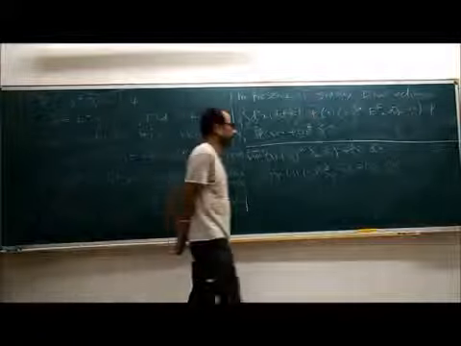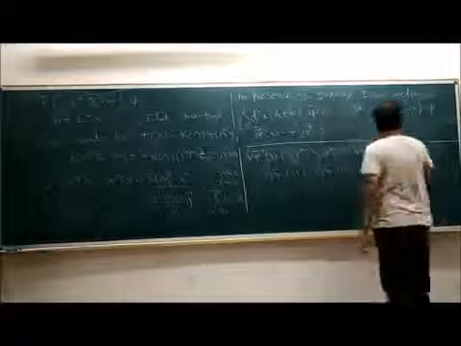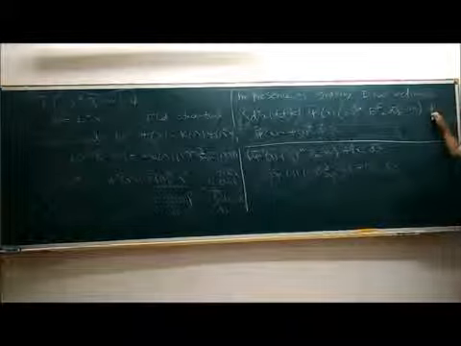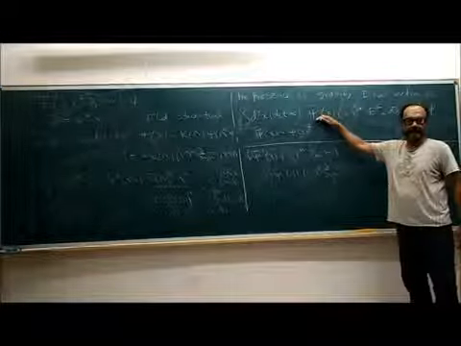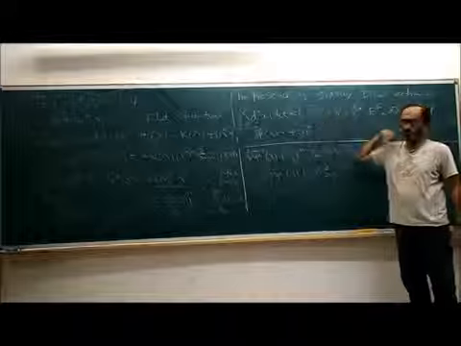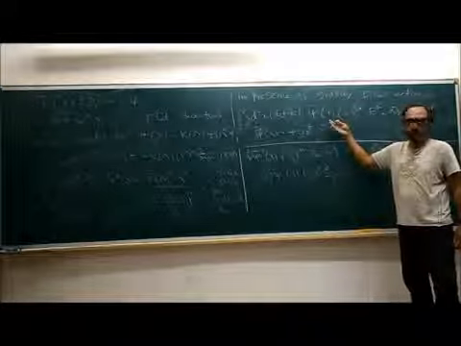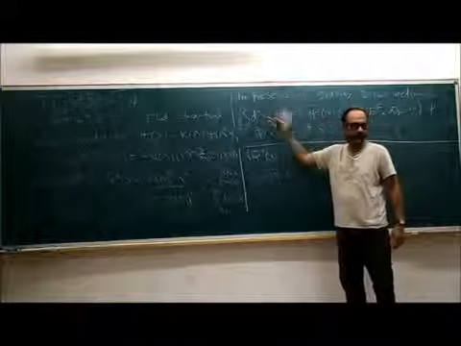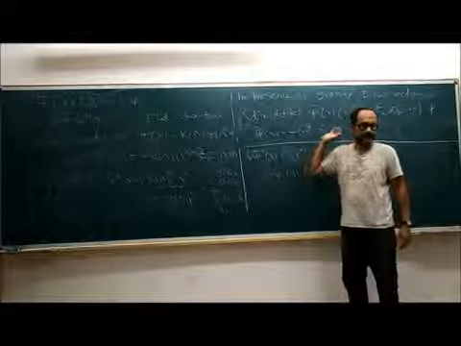The general coordinate invariance is automatic, because psi bar is general coordinate invariant, it transforms as a scalar, and this is a general coordinate invariant integration. So general coordinate invariance is straightforward.